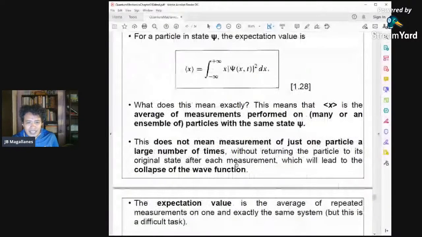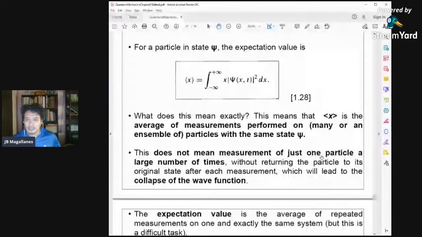This does not mean measurement of just one particle a large number of times. You don't have one particle and then measure it 1 million times. It should be 1 million particles, each measured at one time, not one particle measured 1 million times, because that will lead to a collapse of the wave function.